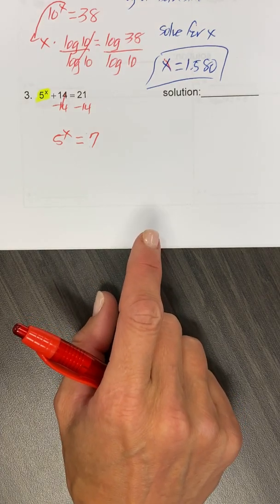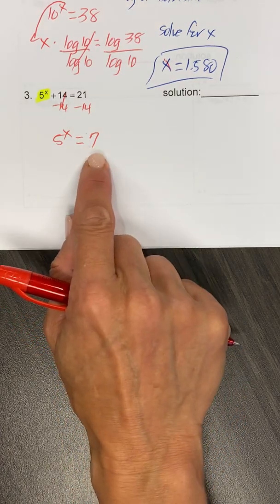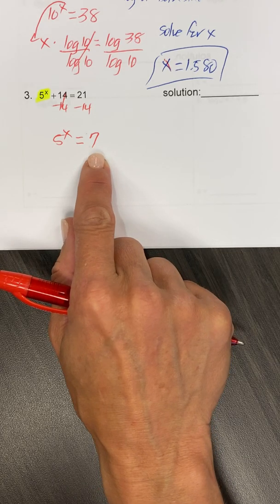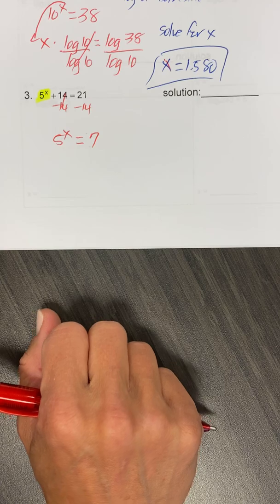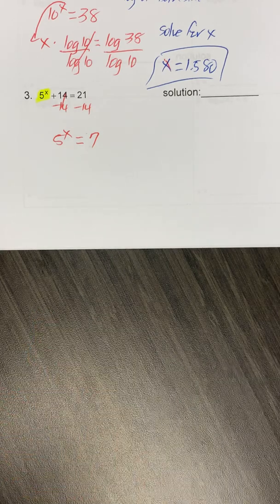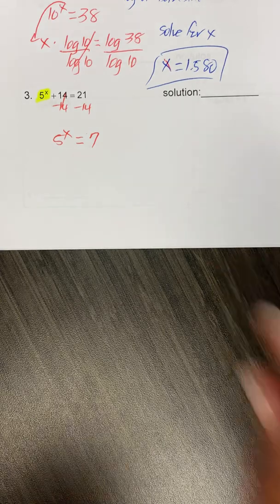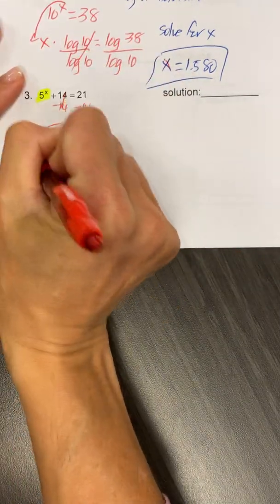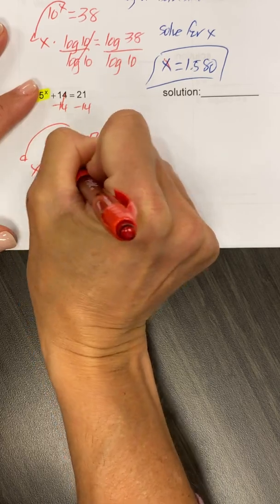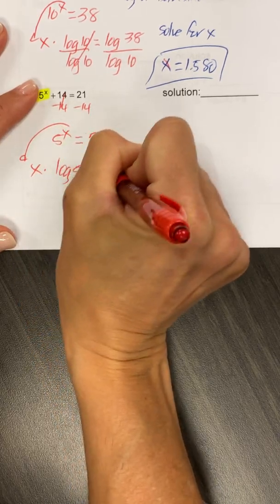Everybody understands that, yes? But because I can't, I'm going to take the log of both sides so I can actually do it in the calculator. So this is easy. The x can come to the front: x times log of 5 equals log of 7.